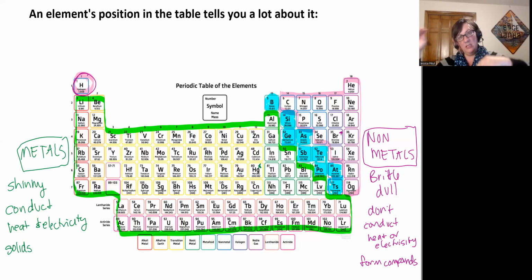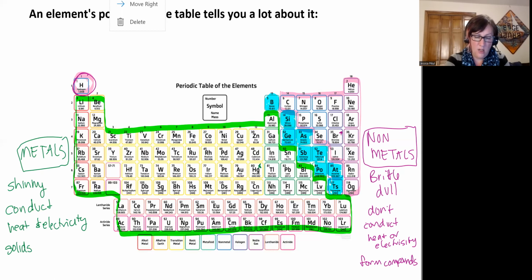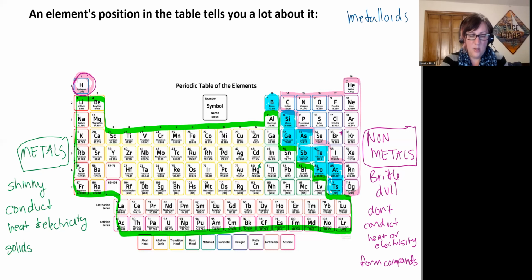And in between the two is a group of elements that I've highlighted blue that are called the metalloids. Let's change the color. And so these really have characteristics of both metals and non-metals. So they're really just kind of in between the two, so much so that we actually call them their own separate thing.